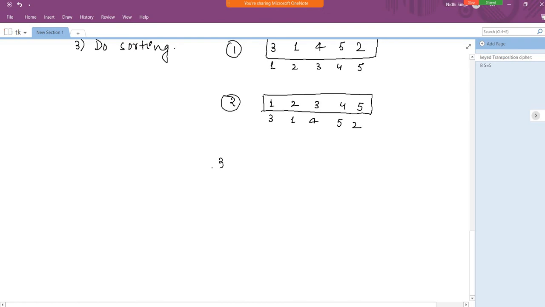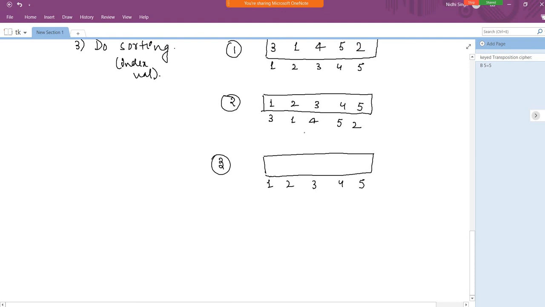Now the third one is do sorting. And this sorting will be applied over the index value. So what is the current index value? That is 3, 1, 4, 5, 2. So after the sorting, it will become 1, 2, 3, 4, 5.